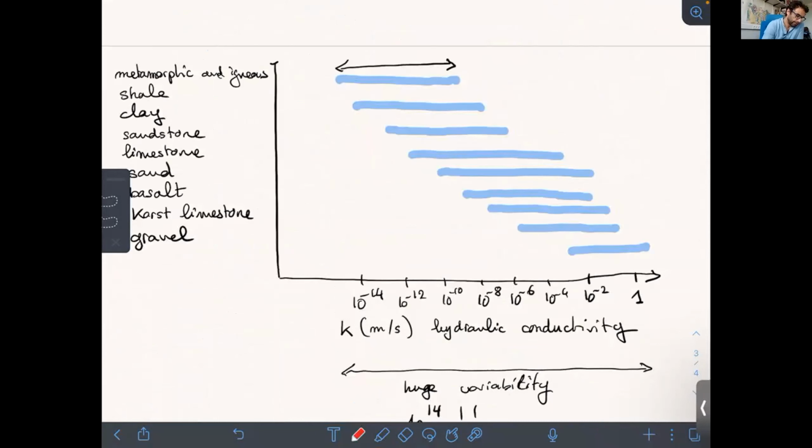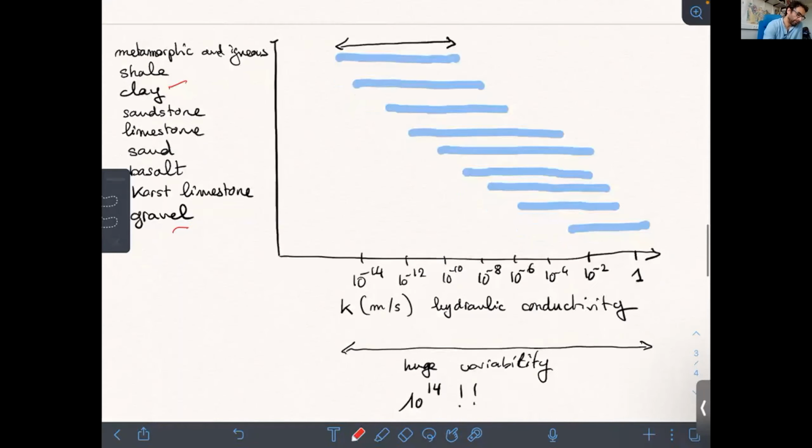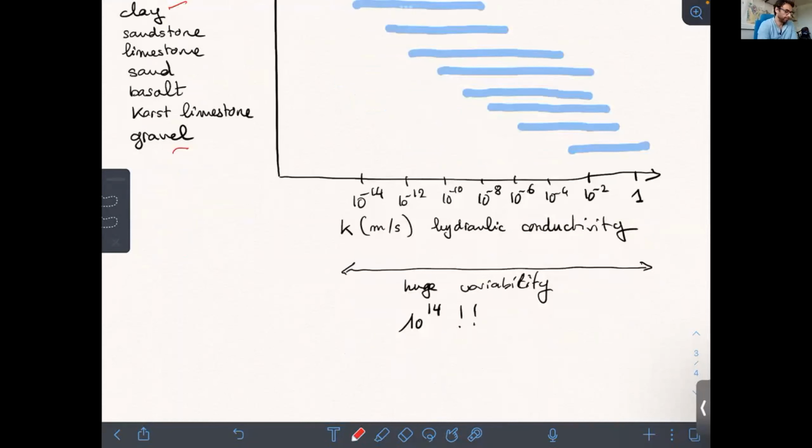If we consider gravel or shale or clay, let's say gravel and clay, which are often together in sedimentary settings, between gravel and clay we can have up to a factor of 10 to the 14. If you consider this is 1 million of 1 million million, right? It's huge. And this has important implications for managing these systems.